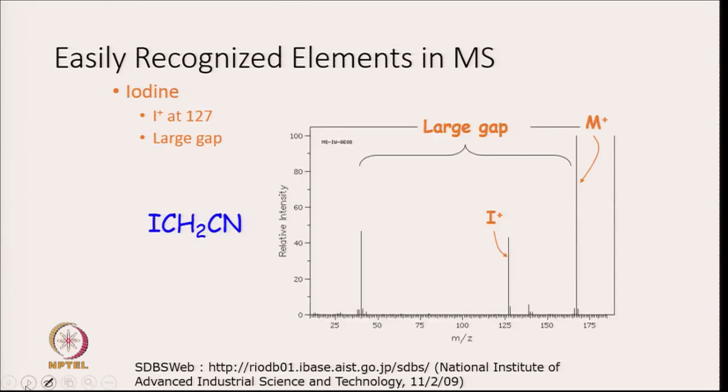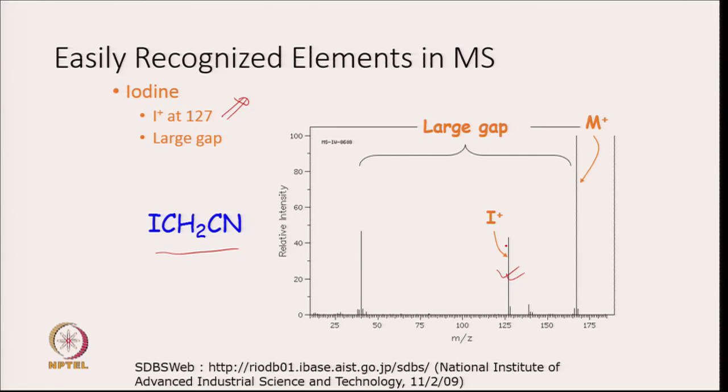If a molecule has iodine, then you can see a peak at m by z ratio 127, and you can see here that this molecule ICH2CN has one peak at 127.